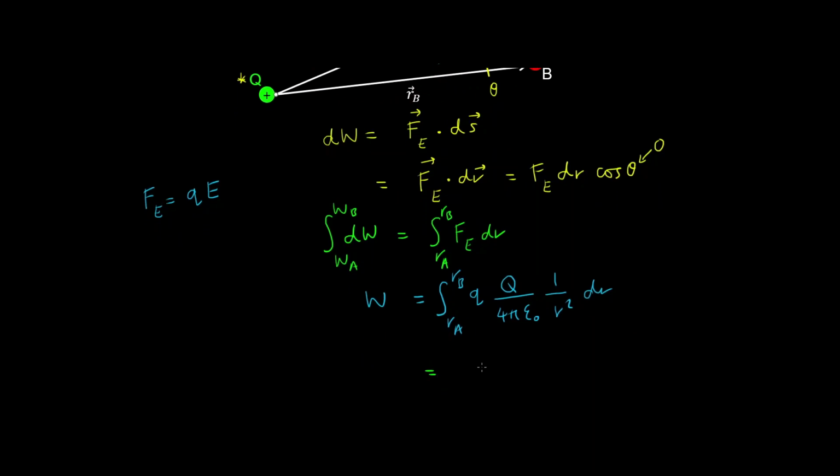And now if we evaluate this integral, so we take the constants outside, so Q by 4 pi epsilon naught, and we evaluate the integral of 1 on r squared, so that will be minus 1 on r, and we evaluate this from Ra to Rb.